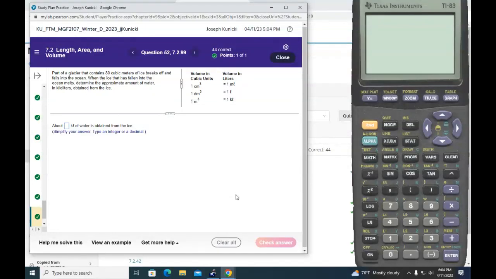99. Part of a glacier that contains 80 cubic meters of ice breaks off and falls in the ocean. When the ice that has fallen into the ocean melts, determine the approximate amount of water in kiloliters obtained from the ice. Well, 1 cubic meter is 1 kiloliter.